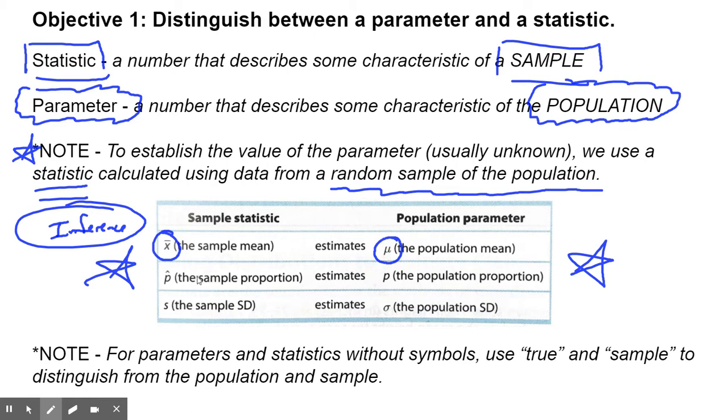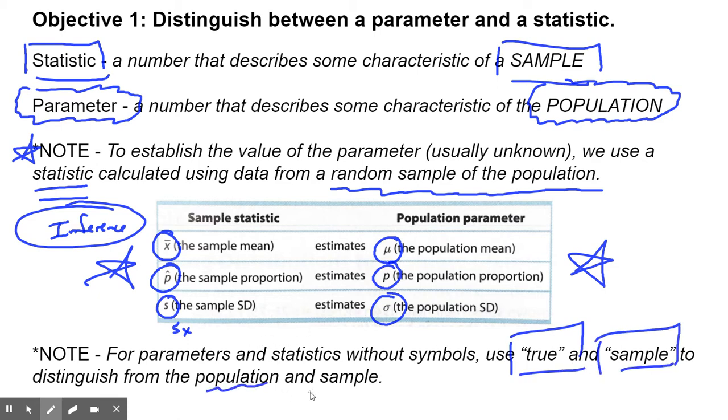For proportions, percentages, the sample proportion is P hat, and the true proportion or population proportion is P. And then for standard deviation, the sample standard deviation is S, sometimes called Sx, and the population standard deviation is sigma. Okay, and then again, note for parameters and statistics without symbols, the word true and sample should be used to distinguish population from sample. Okay, so be aware of that.